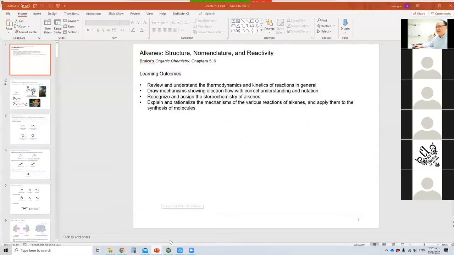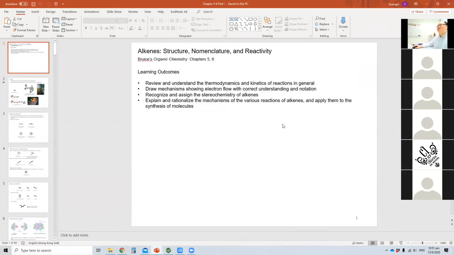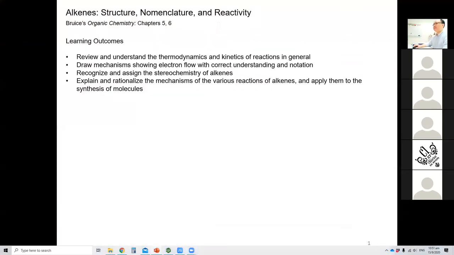Next we are going to start chapter 5. That means we have already finished the warming up of this course. The learning outcomes I have listed here for chapter 5: first we are going to review and understand the thermodynamics and kinetics of reactions in general, two concepts you have probably already learned in your general chemistry course.